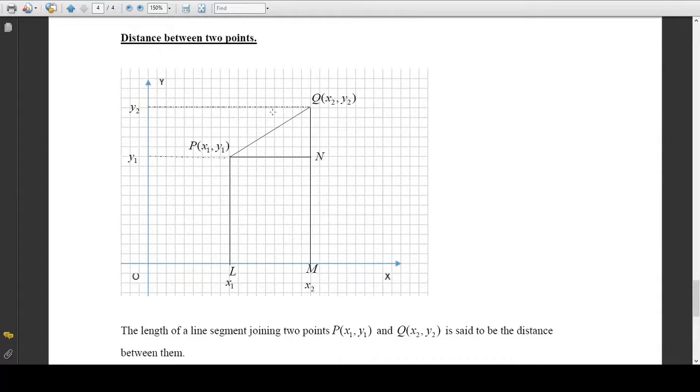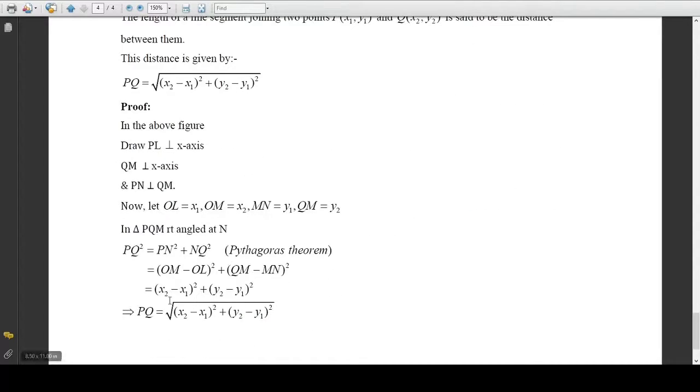NQ is MQ minus MN. What is MQ? MQ is y2. MN, what is MN? MN is y1. Therefore, substituting the values, PQ will be root over of x2 minus x1 whole square plus y2 minus y1 whole square. This is the distance formula.